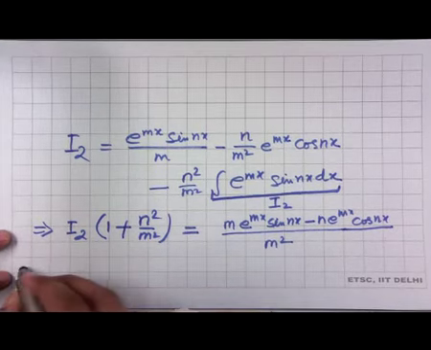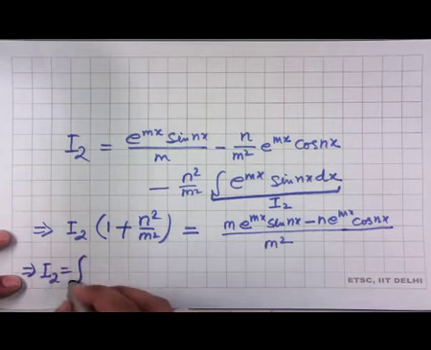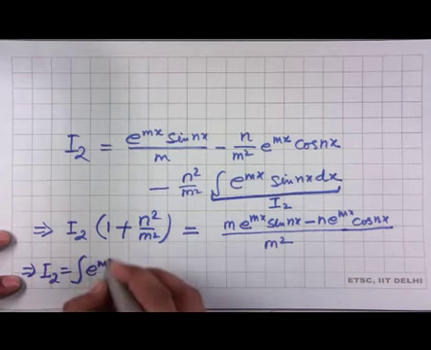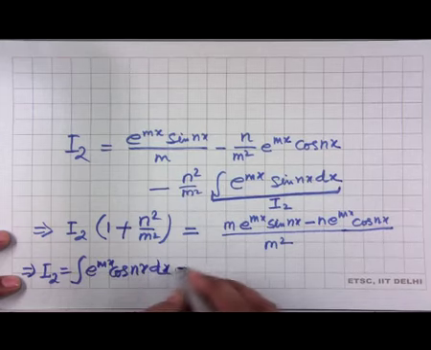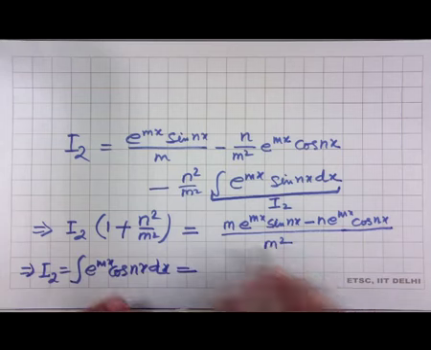Simplifying this will ultimately lead to the I 2, which is nothing but the integration of e raised to power mx cos nx dx, equals, m square gets cancelled.